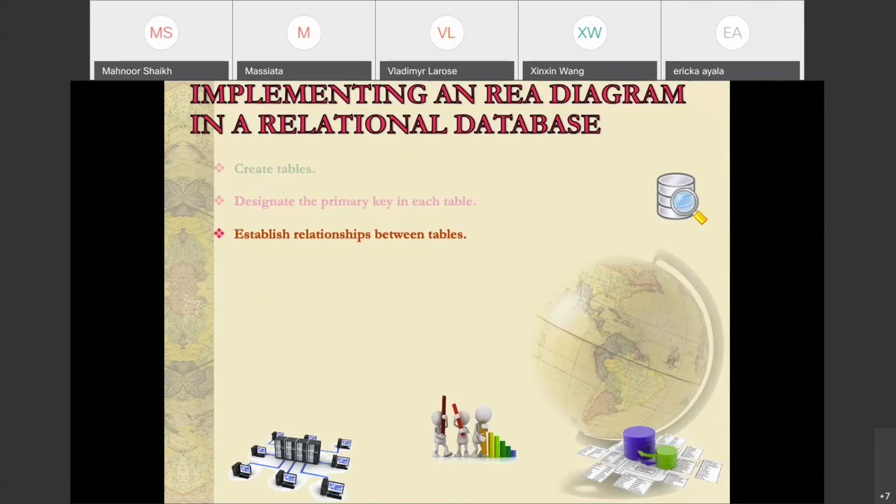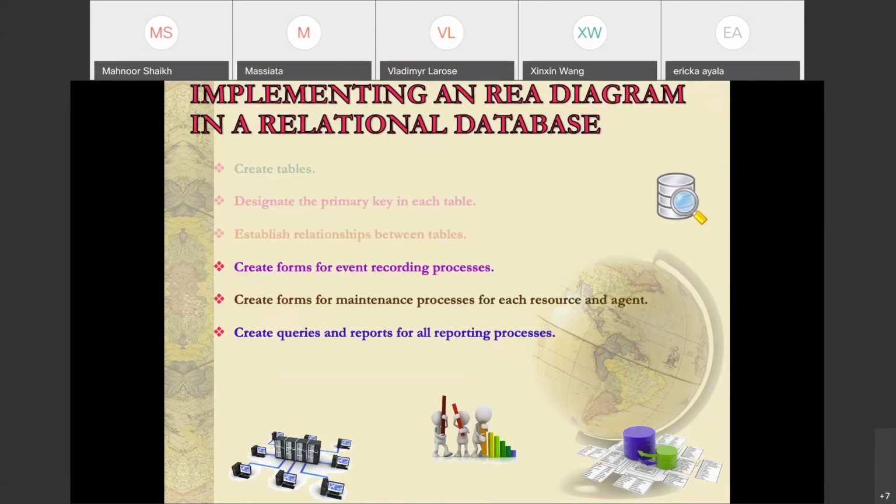And in addition, the next step, you want to create the forms for the events that are recording the processes. And then you create the forms for the maintenance process. And then you create the queries that can report for all the reporting processes, right?